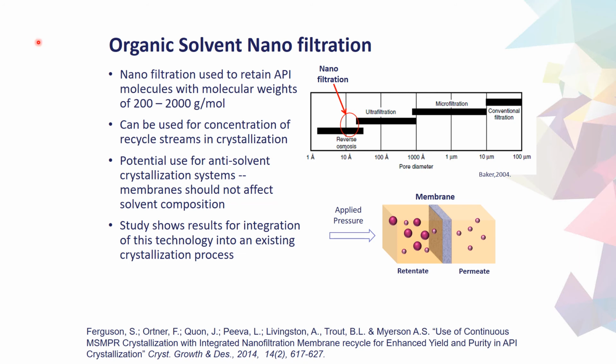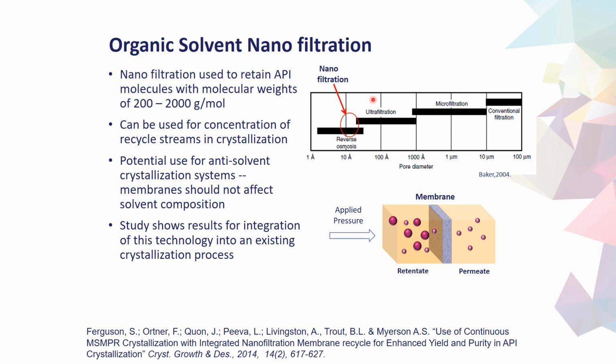The recycling strategy outlined would be very effective for cooling crystallizations, where concentration by evaporation won't radically affect the composition of the mother liquor. However, we'd like to be able to extend this to anti-solvent and other types of crystallizations, and to this end, organic solvent nanofiltration can be employed instead of evaporation for concentration prior to recycling of mother liquor.